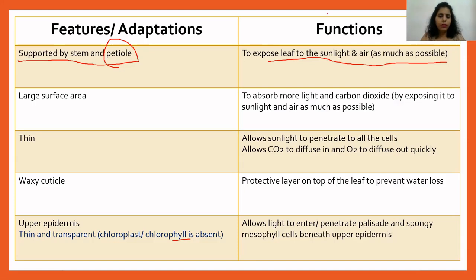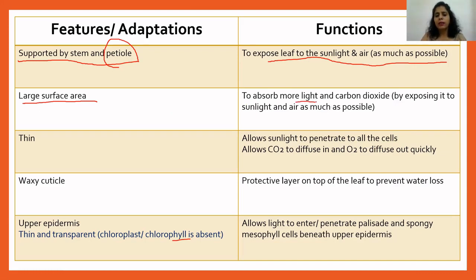The second very important feature or adaptation of the leaf is having a large surface area. I've told you that the leaf is very broad and flat. Why? Because if the surface area is more, the leaf will be able to absorb more light and carbon dioxide gas.